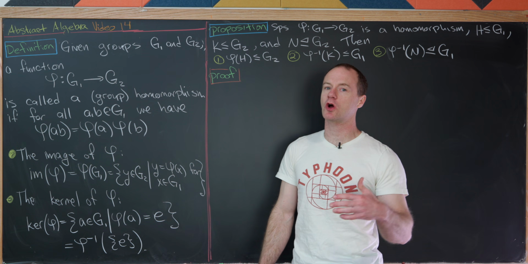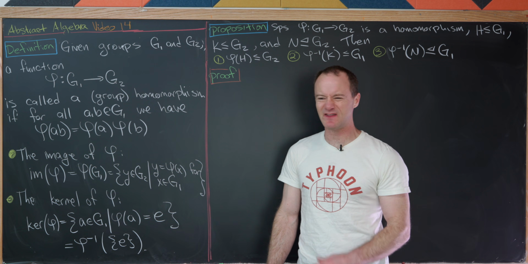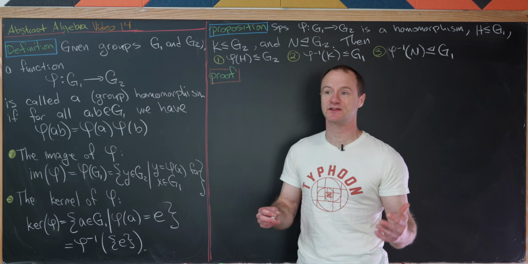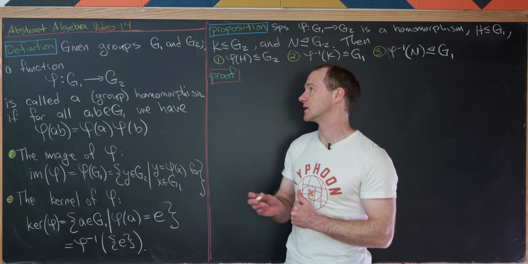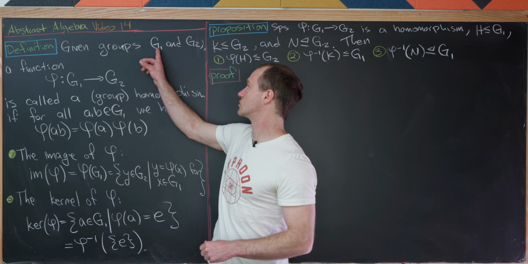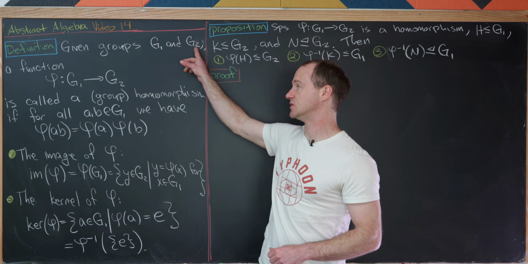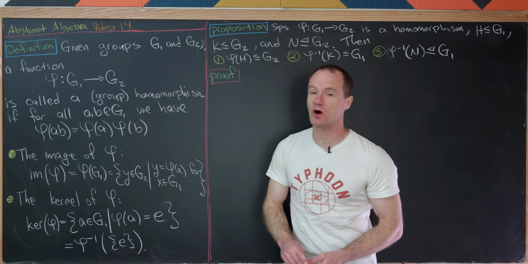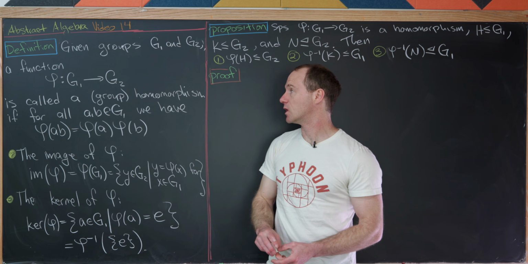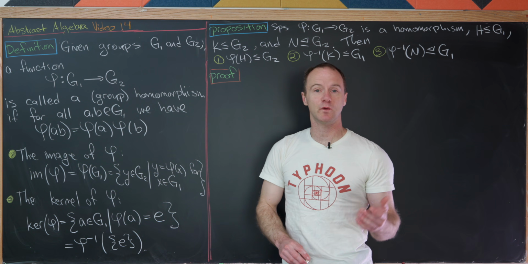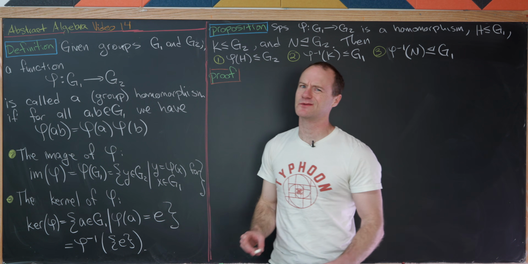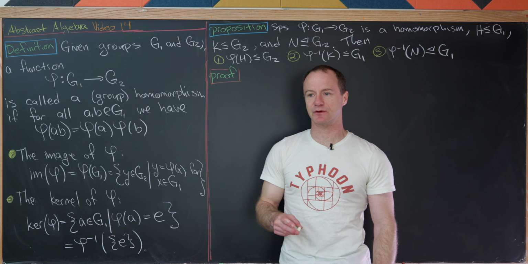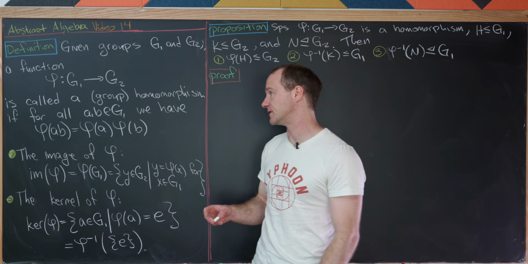Okay, so let's recall the definition of a homomorphism and then define a couple of parts of groups associated to homomorphisms before we get started. So let's say we've got groups G1 and G2 and a function which we'll call phi that goes from G1 to G2. Then we call that function a group homomorphism, or if it's kind of obvious that we're dealing with groups, we might just call it a homomorphism.